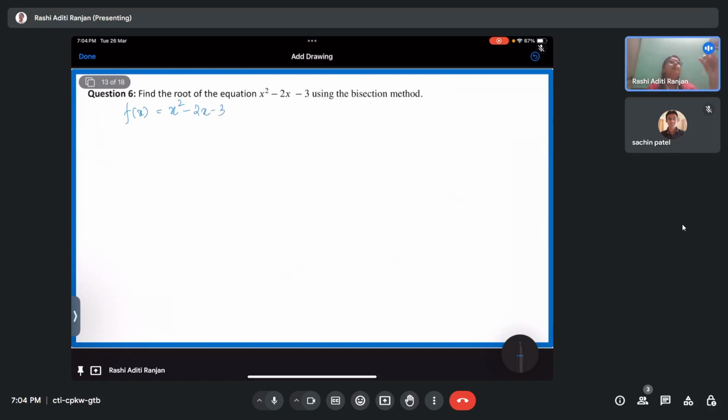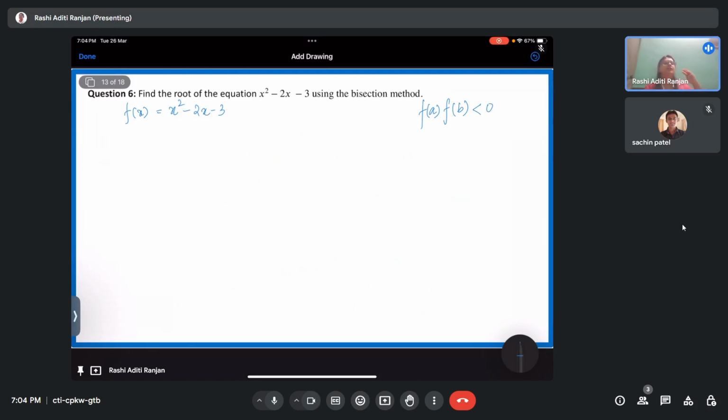So if you remember in the bisection method, what was my bisection method saying? My bisection method was saying that I intuitively have to find some a and b such that f(a) times f(b) is less than 0, which means that the values of the function at a and b would be of opposite sign.